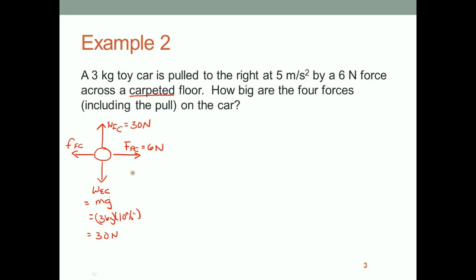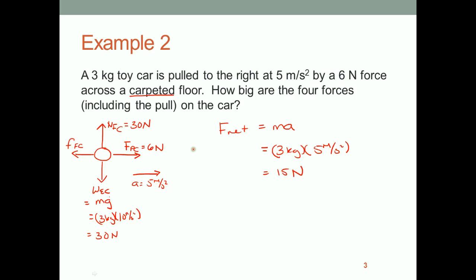In order to use that force, I need to use the knowledge that the acceleration is in the direction of the pull and equals 5 meters per second squared. So I let F net equal ma. The mass is 3 kilograms. The acceleration is 5 meters per second squared, which is 15 newtons when you multiply it out.